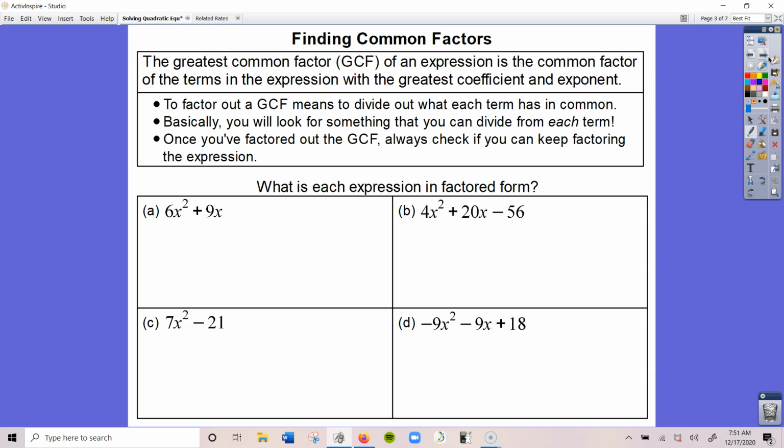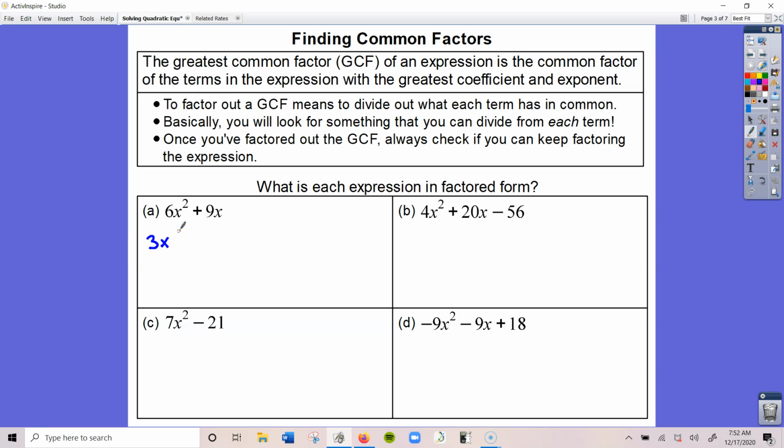So, for example, 6x squared plus 9x. I look at my numbers first, both of the numbers are divisible by 3. So I could factor out a 3. Additionally, x squared and x, if I were to think of what both of them have, they both have an x. So I can factor out an x as well.